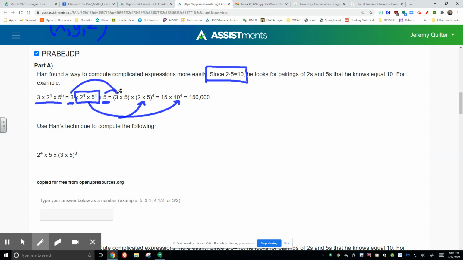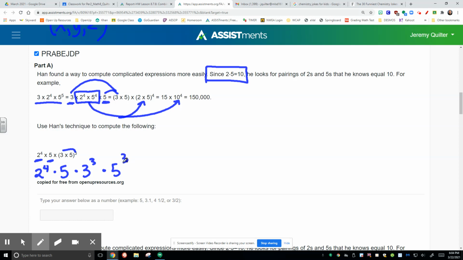So now how could we use Han's technique to compute the following? Well, I see 2's here, a 5 here, and then this is a little bit different at the very end. This is 2 to the 4th times 5 times 3 to the 3rd times 5 to the 3rd.